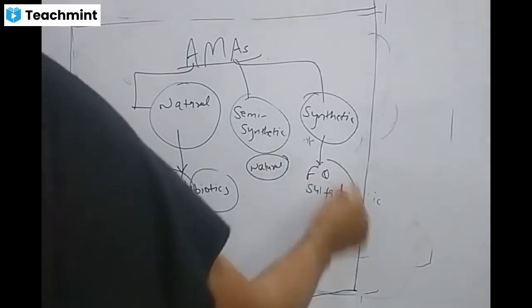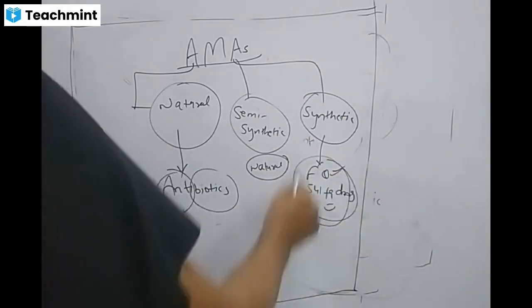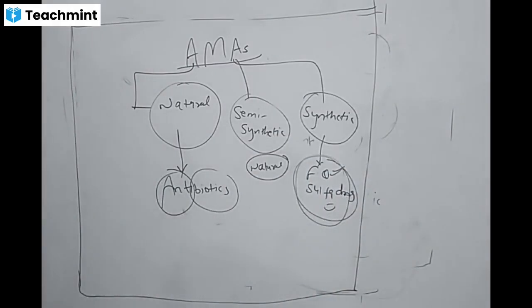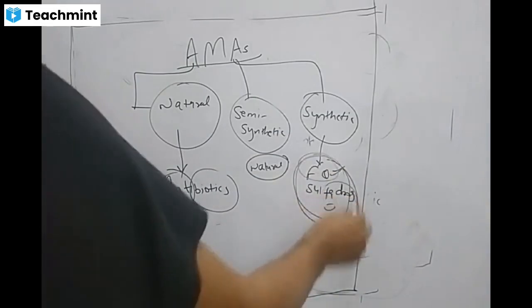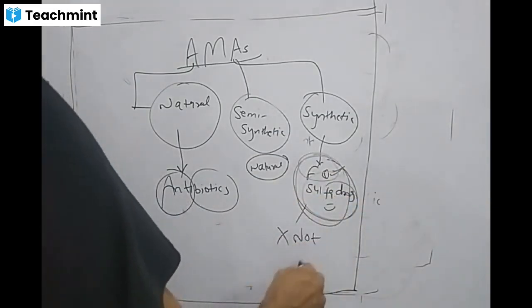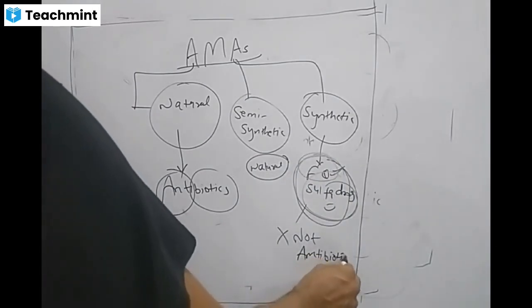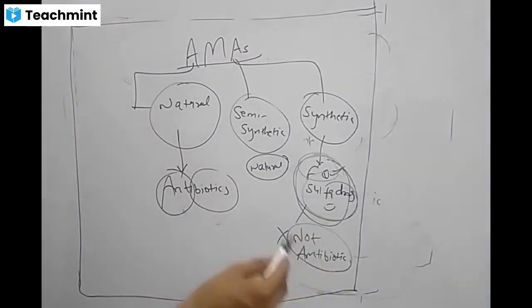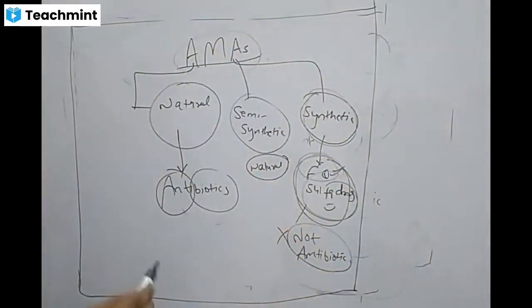So in case of chemotherapy, these are the two classes of drugs which are synthetic in nature. These fluoroquinolones and sulfonamides are not called antibiotics. They are not antibiotics, so we call them synthetic antimicrobial agents.